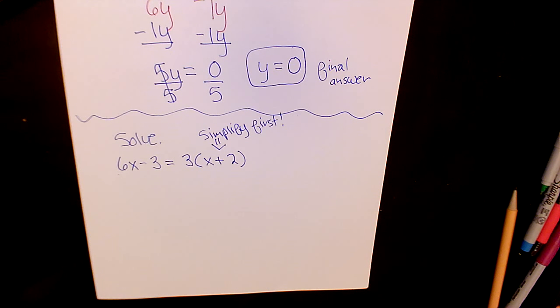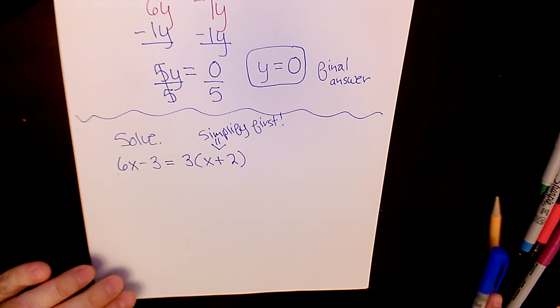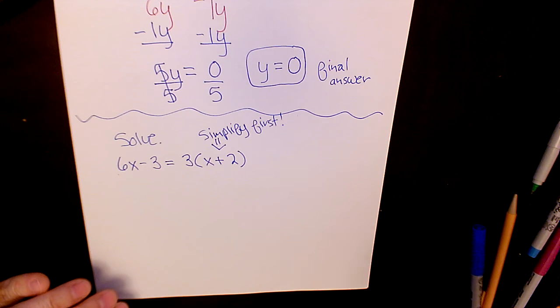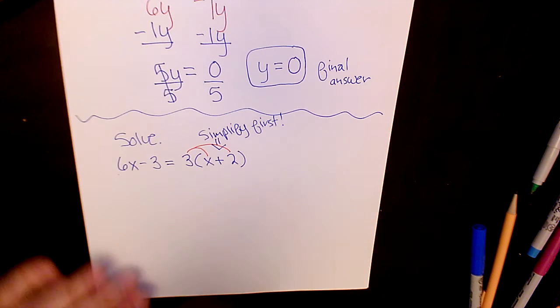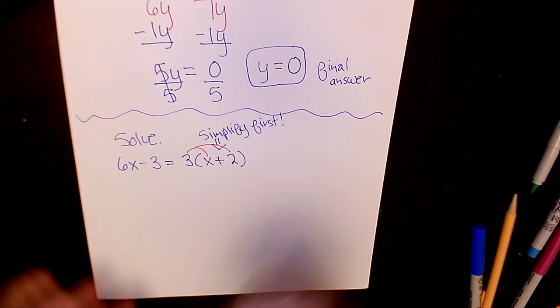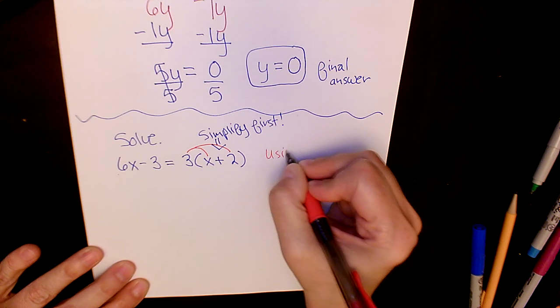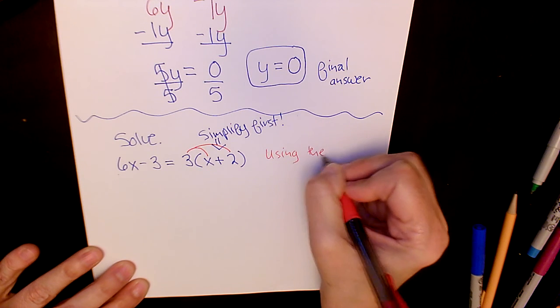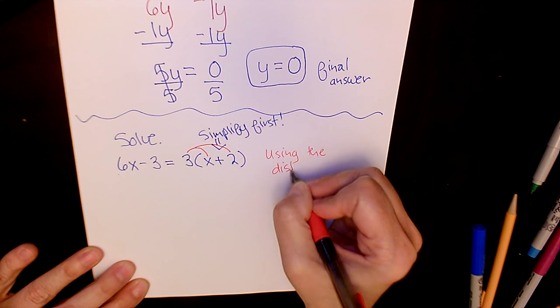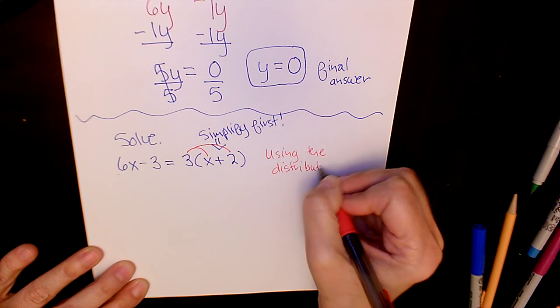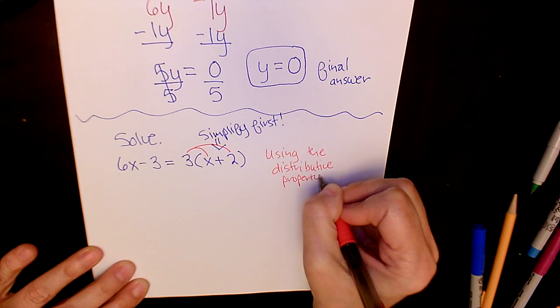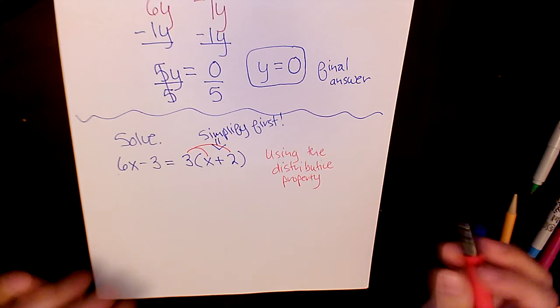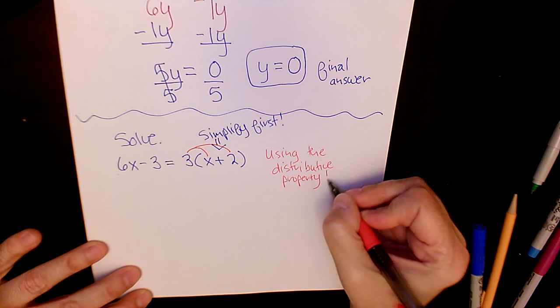So remember the distributive property from Math 085. What I'm going to do is just take the 3 times the x and the 3 times the 2. And I'm using the distributive property here.